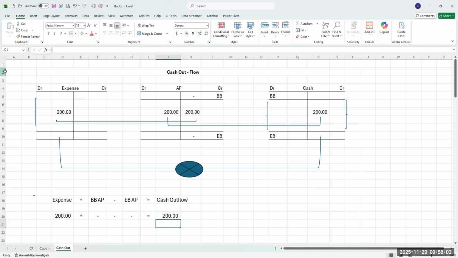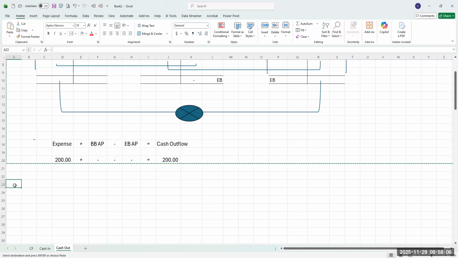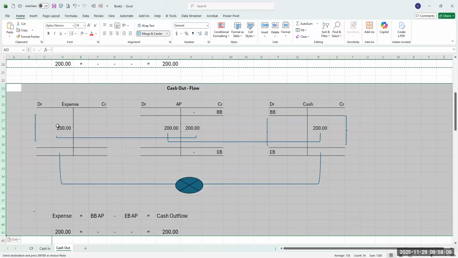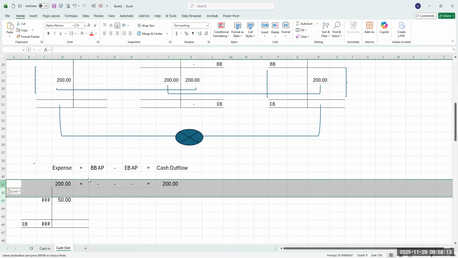Now let's start playing with the scenarios. What will be the first scenario? First scenario, let's go with, okay, I purchased $200 expense.